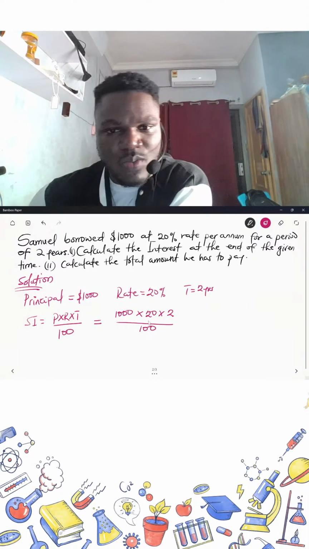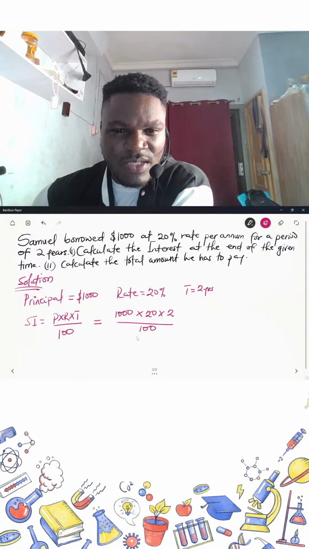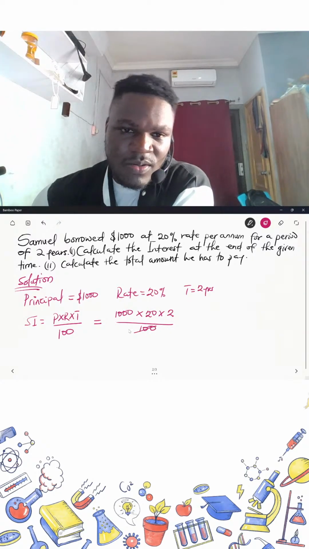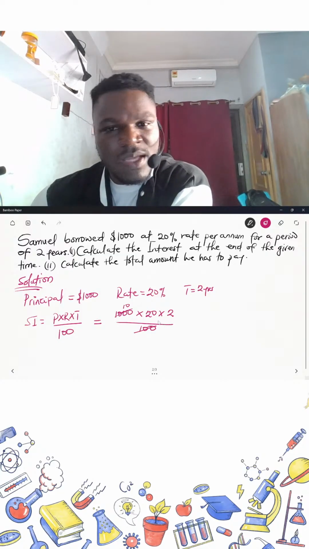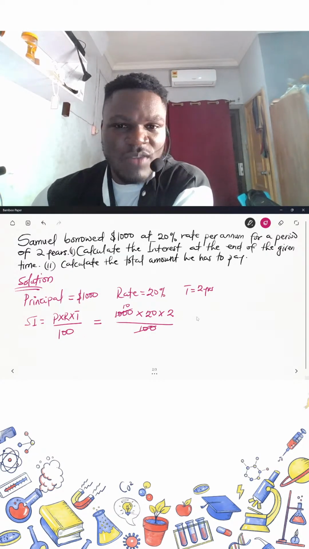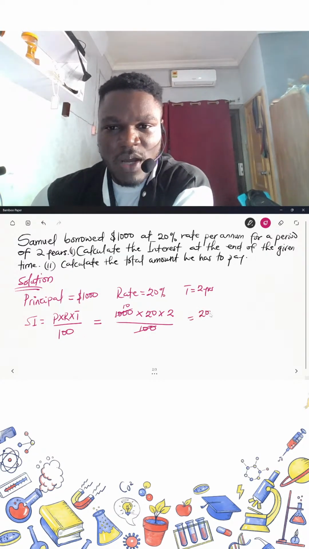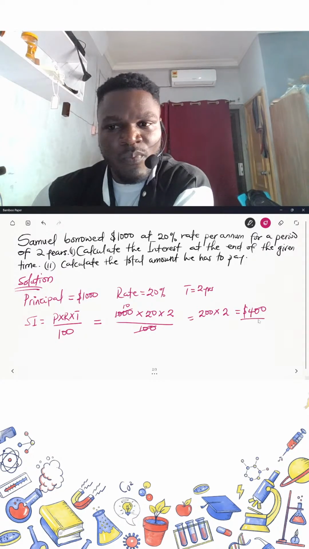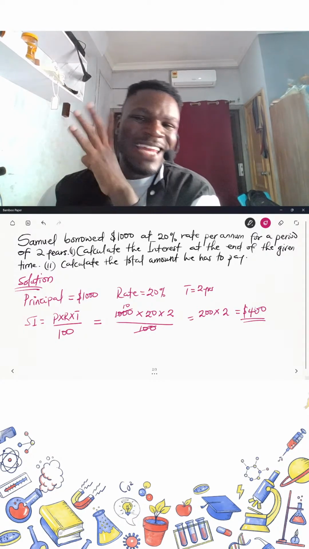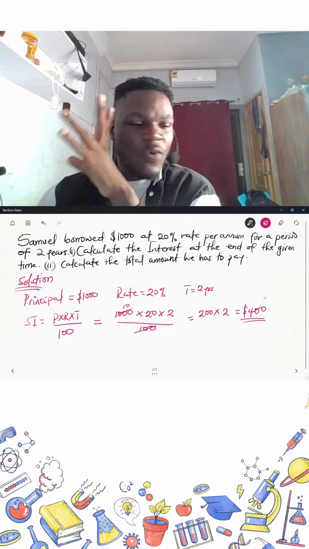Now, if you look at it, we have 1,000 here, we have 100 here. 100, we divide 1,000 10 times, so we have 10 left at the top here. 10 multiplied by 20 will give me 200, so we have 200 multiplied by the 2 over here, and that will give us a total of $400. Okay, so the interest at the end of the 2 years is $400.